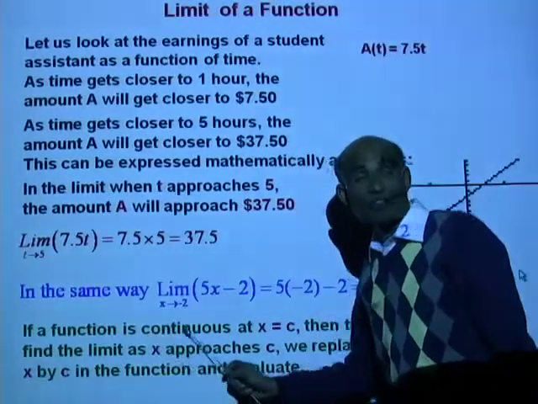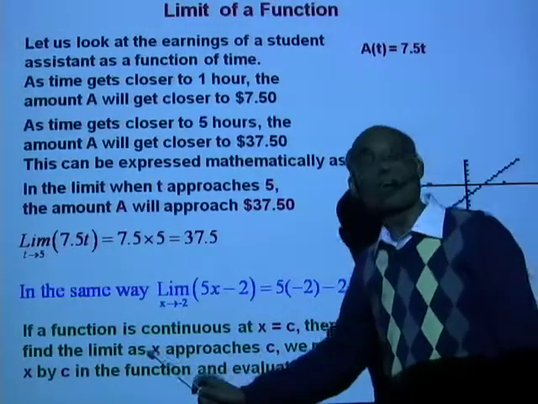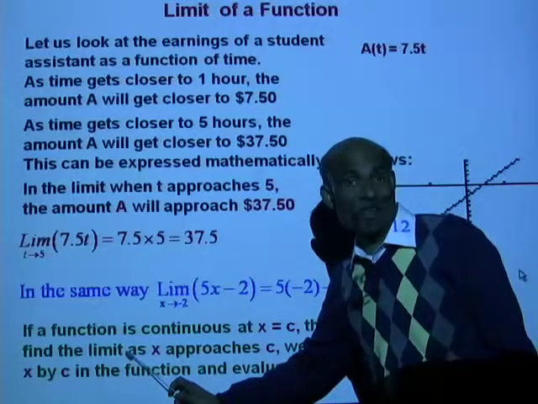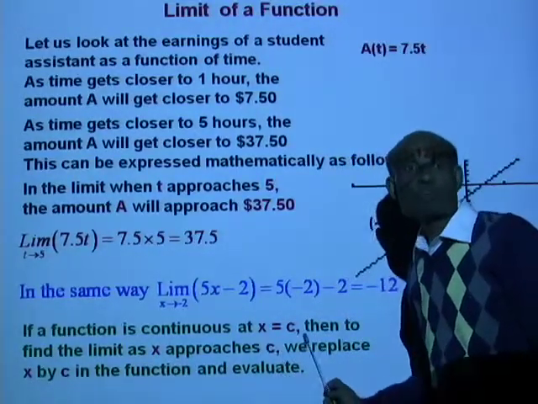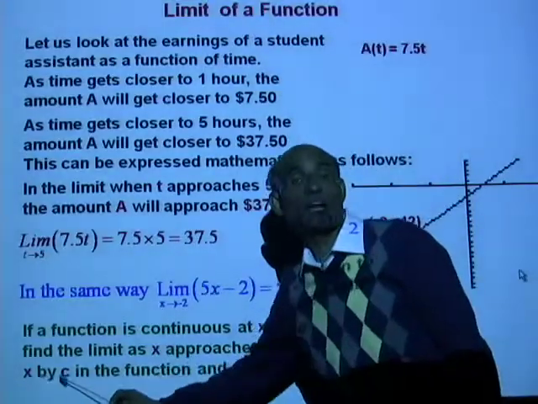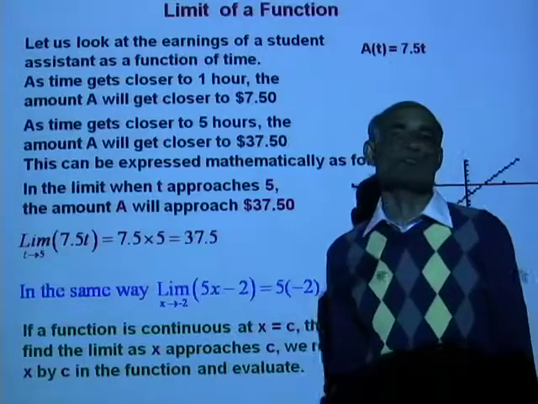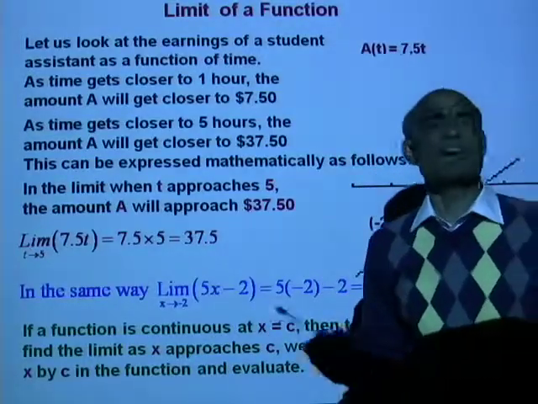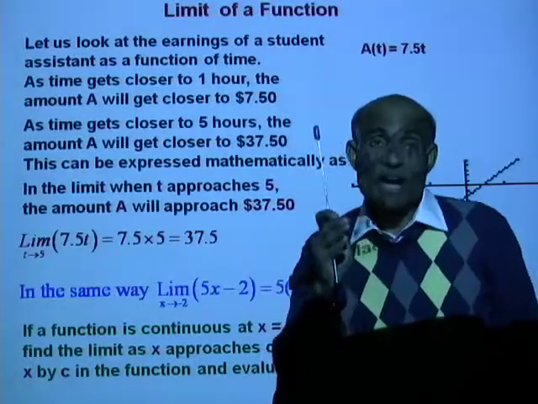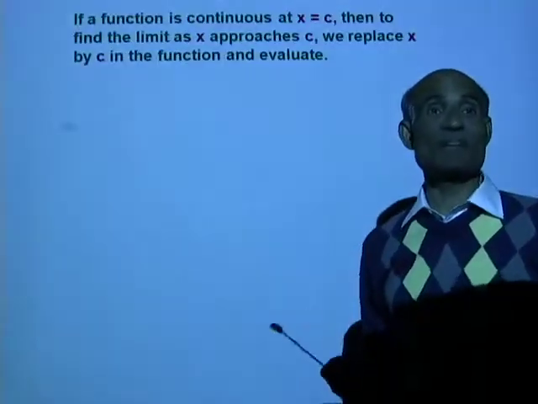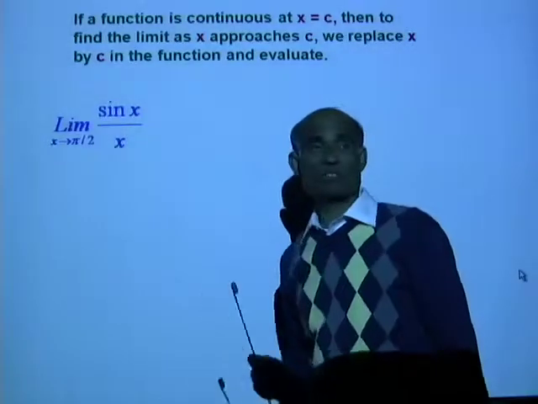So if the function is continuous at x equal to c, then to find the limiting value of the function as x approaches c, we replace x by c in the function and find its value. That is the method of evaluating a limit when the function is continuous at the point where we find the limit. Okay.